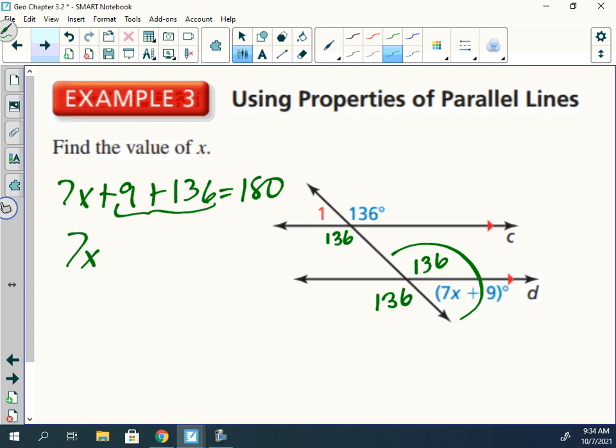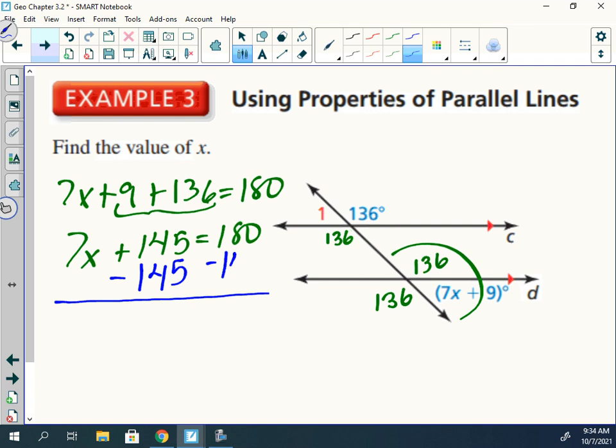So we can add those two together. 136 plus 9 is going to be 145. Now we have all the like terms together. Now we need to get them away from x. So addition and subtraction is going to be the easiest thing to do first. So we would subtract 145 from both sides.